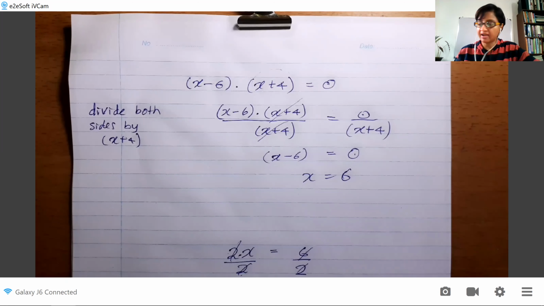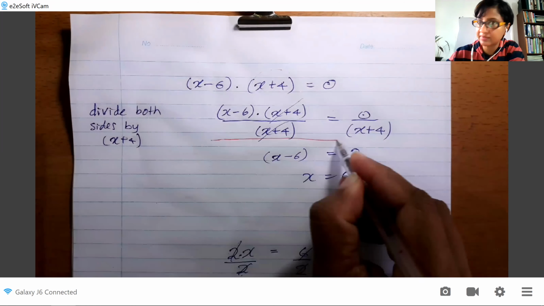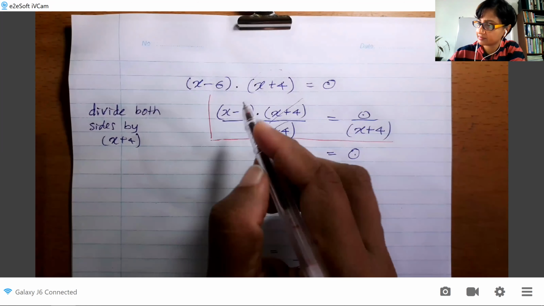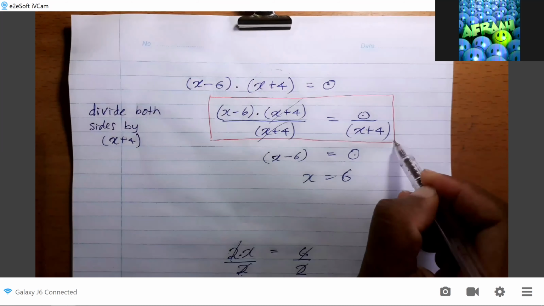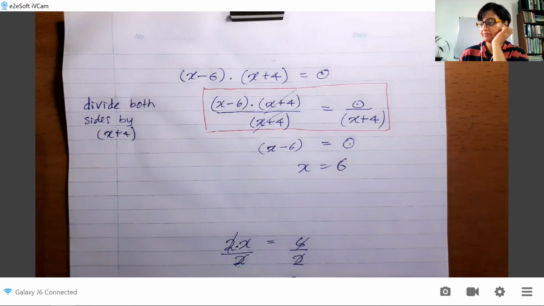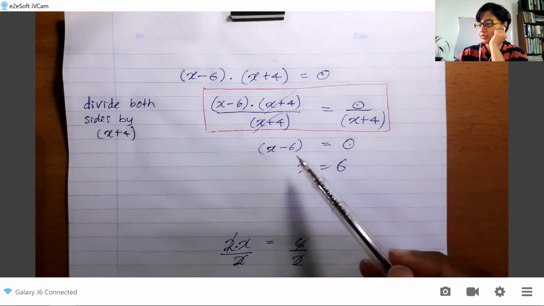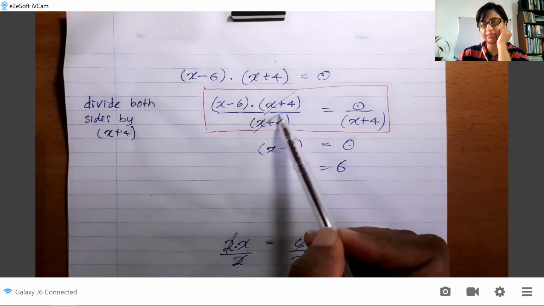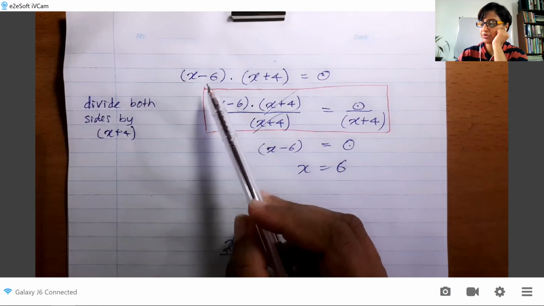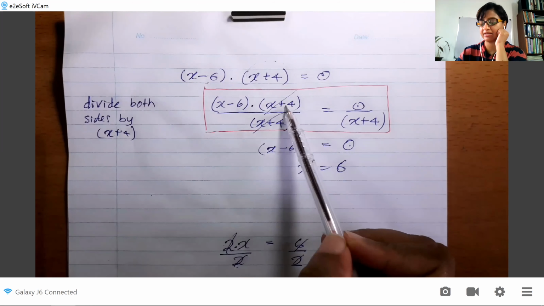Someone is saying something? Because it looks like only one factor is going to be equal to 0. Okay, yeah, because one factor is getting cancelled off. So instead of dividing by x plus 4, somebody else could have divided by x minus 6, and then you would end up with the other answer.